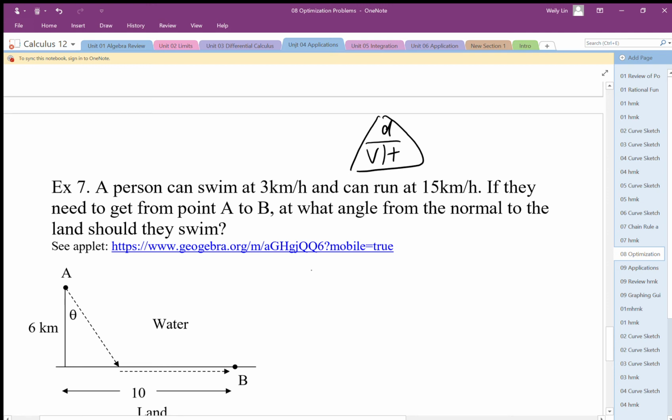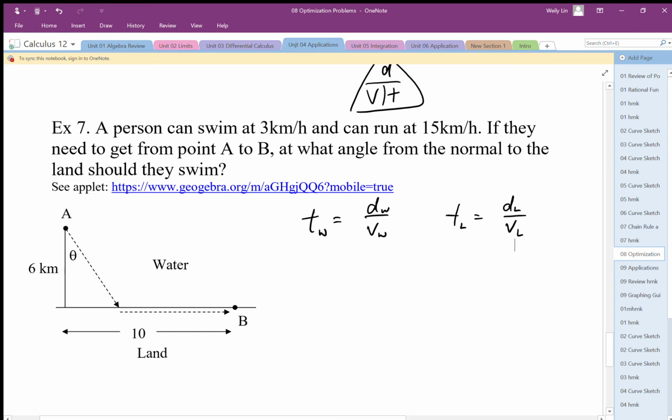So we want to minimize time, and I need an equation for time. Time on the water is going to be the distance on the water over the velocity on the water. Time on land is equal to the distance on the land over the velocity on the land. You've been given the velocities on water and land. We just need to figure out distance on water and distance on land.